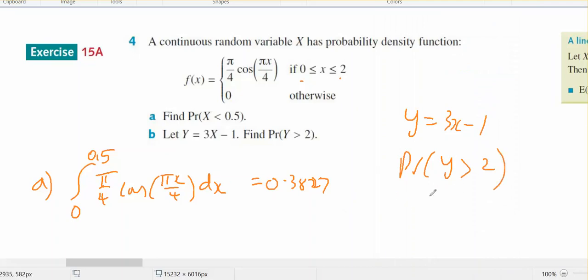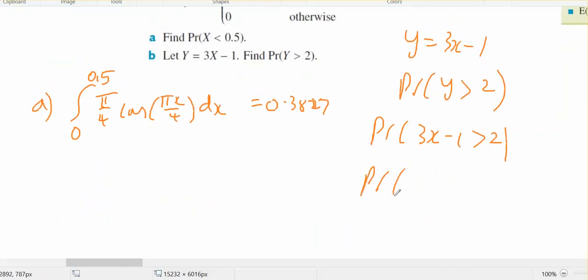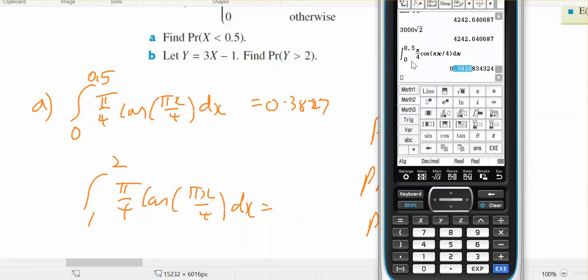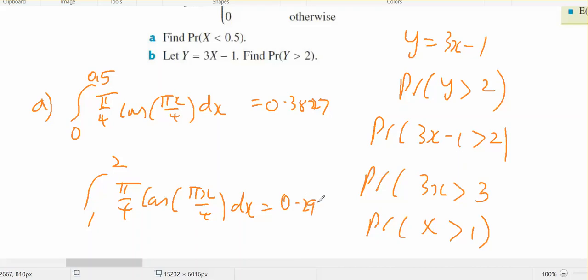Well, I might return that back into something to do with x, and that would be the probability of 3x minus 1 is less than 2, which means the probability that 3x is less than 3, which means the probability that x is less than 1, and that answer is going to be from 1 to 2 of pi on 4 cos of pi x on 4 dx, and that's going to equal 0.2929.